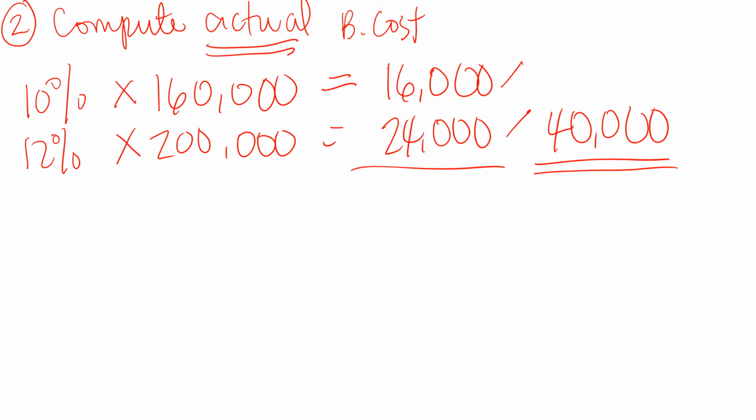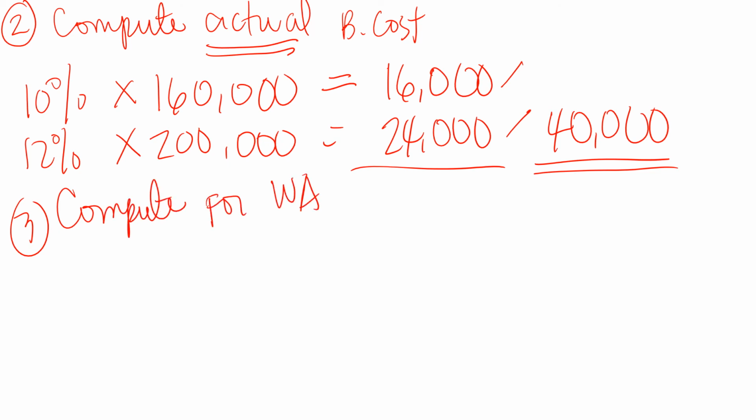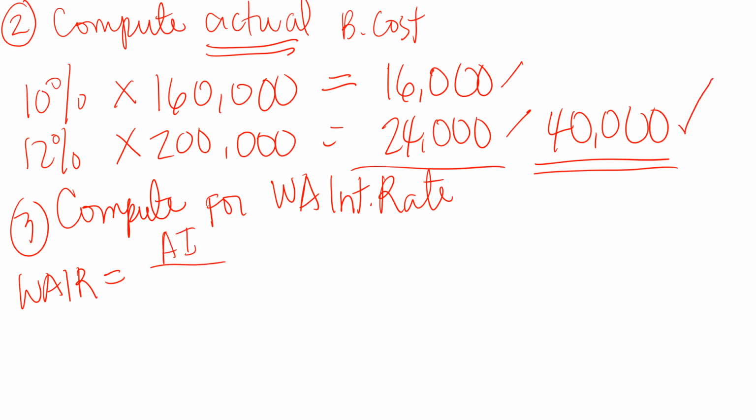Ayan. So, number 3 step is to compute for weighted average interest rate or borrowing rate. Take note, this is weighted average. So, ang formula lang doon sa weighted average interest rate or borrowing rate, this will be yung actual interest for the year, which is 40,000.